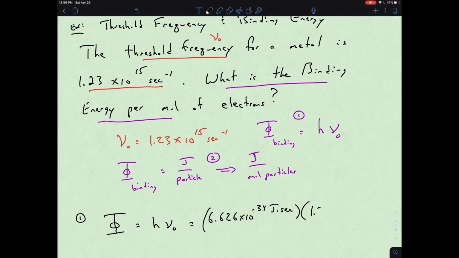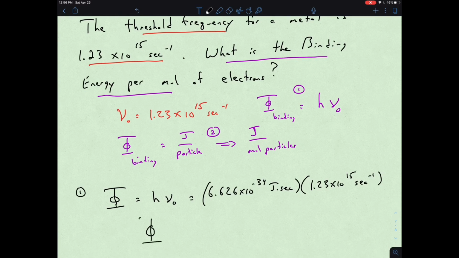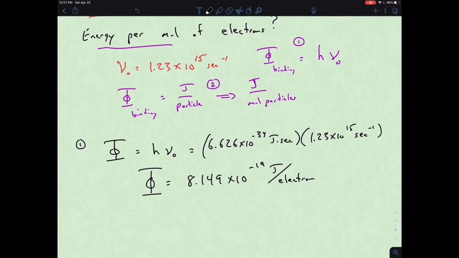We then have our frequency of 1.23 times 10 to the 15th reciprocal seconds, and we end up with a binding energy equal to 8.149 times 10 to the negative 19th joules per electron. And so here's where we now get into step two, which is the conversion.